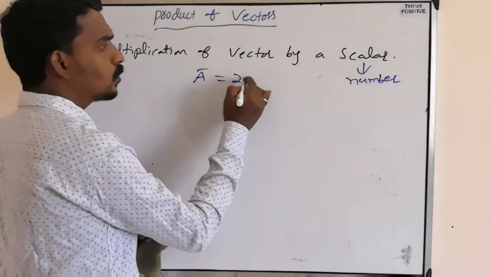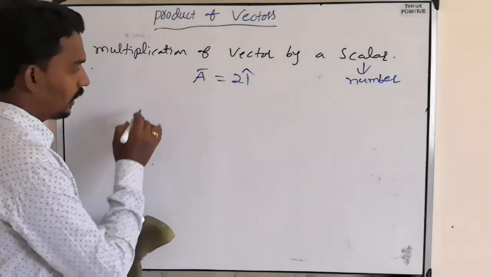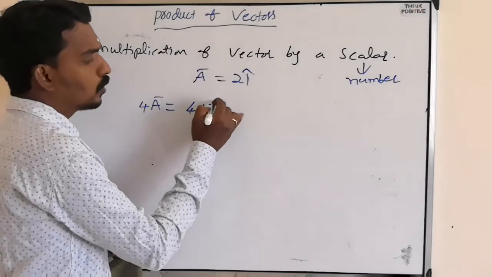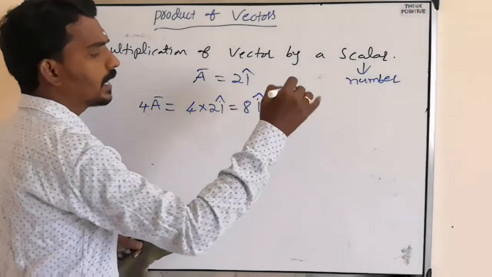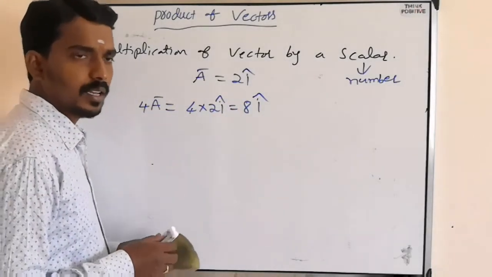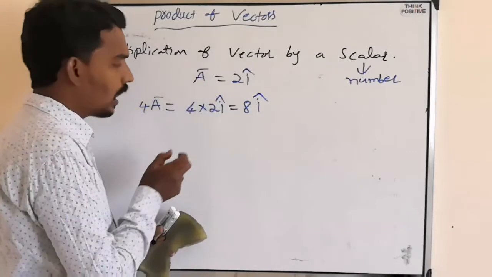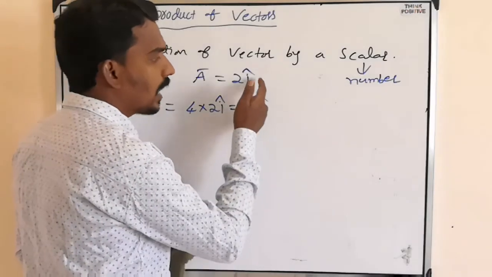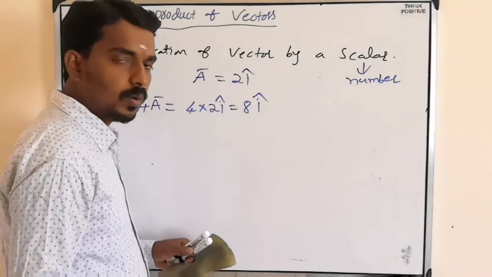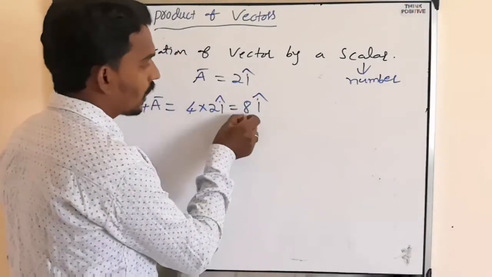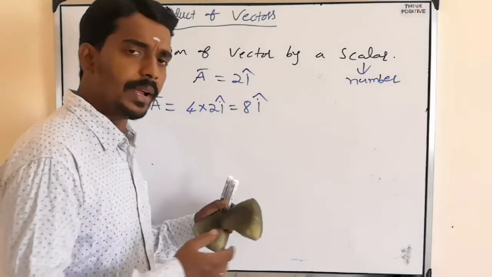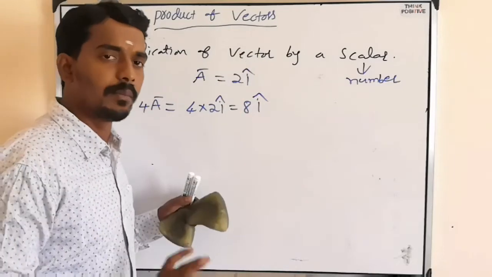Suppose A bar is 2i cap, then 4 A bar will become 4 into 2i cap, that is 8i cap. So if you multiply a vector with a number, the direction remains the same, i cap. Only the magnitude changes. So you can multiply any vector with any scalar, any number.